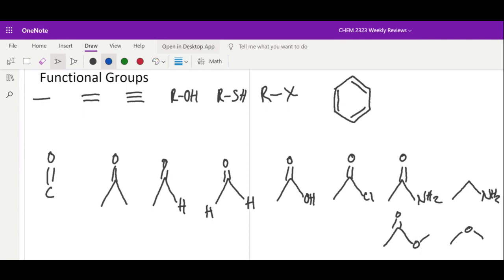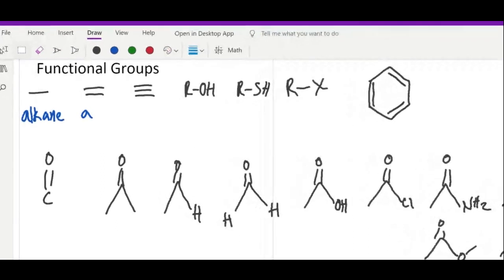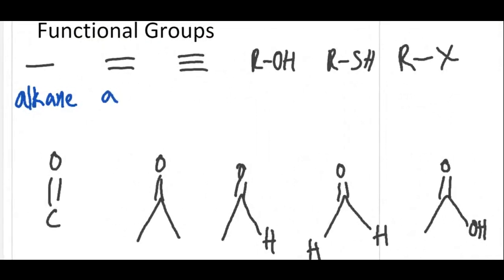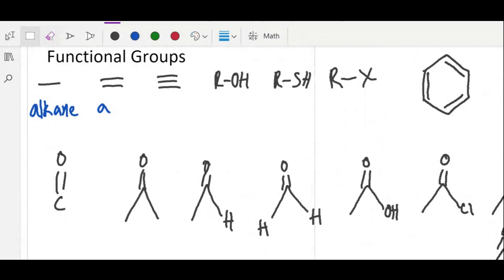Okay? So a single bond is called alkane. A double bond is called alkene. And let me zoom in, maybe I can write a little bit better.